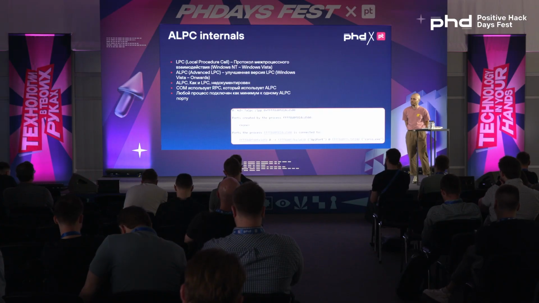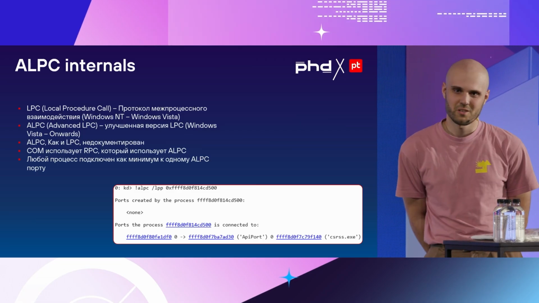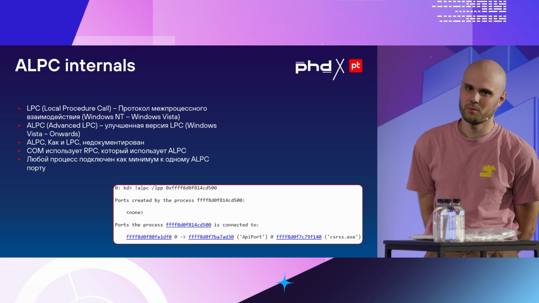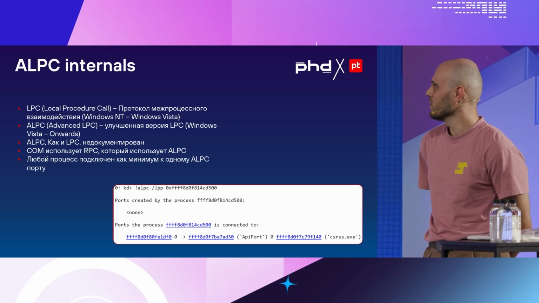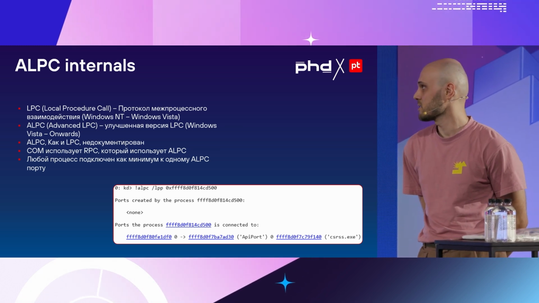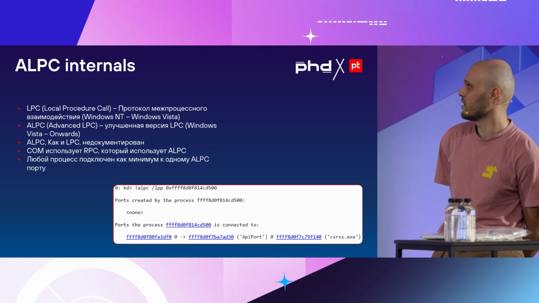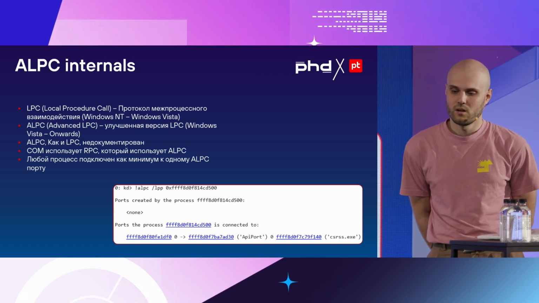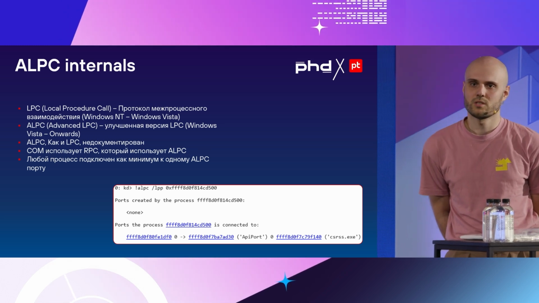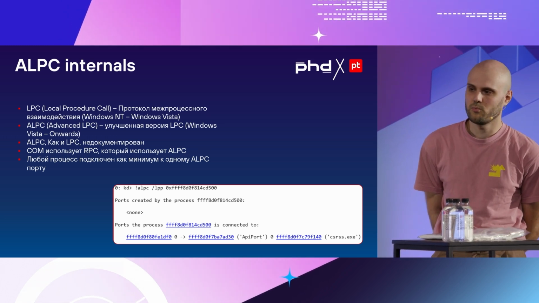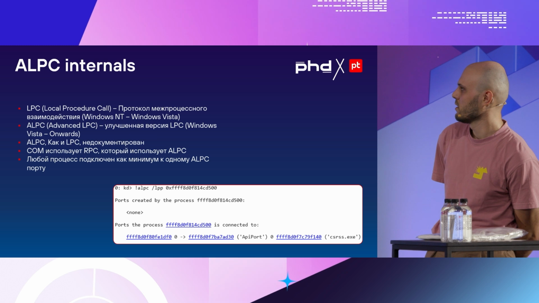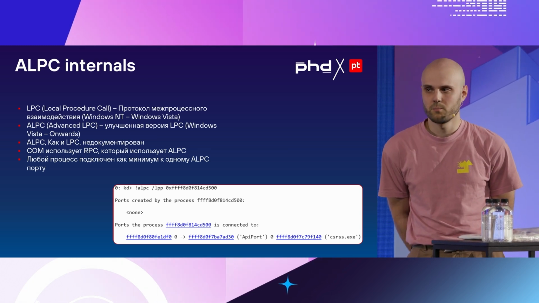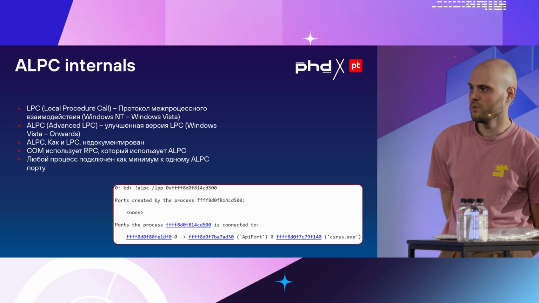So a couple of words about ALPC. It was LPC originally, local procedure call, an inter-process communication protocol. Then starting with Windows Vista, it changed into advanced LPC, ALPC, an improved version that has asynchronous data transfer functions, shared memory usage, some kind of security functions.